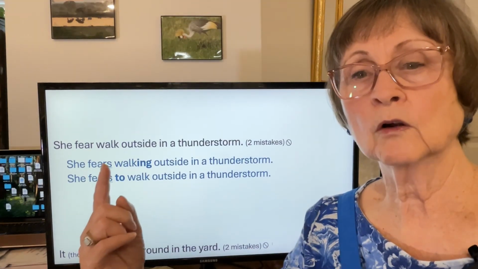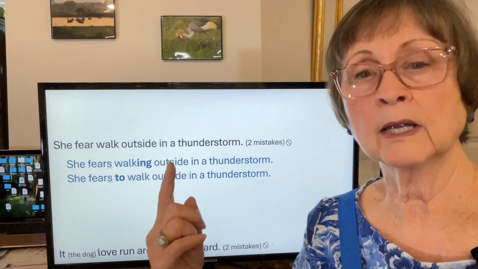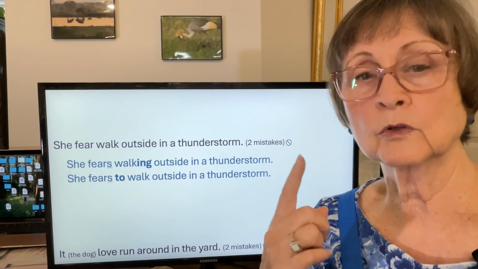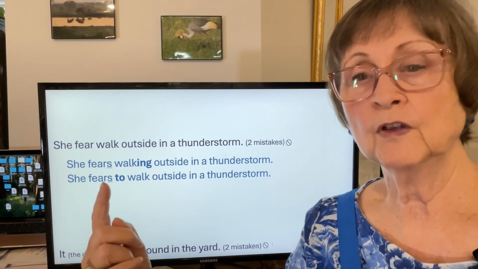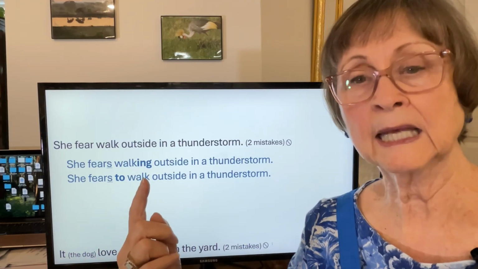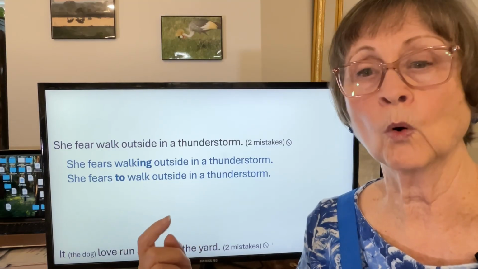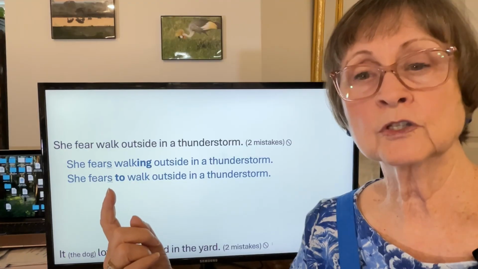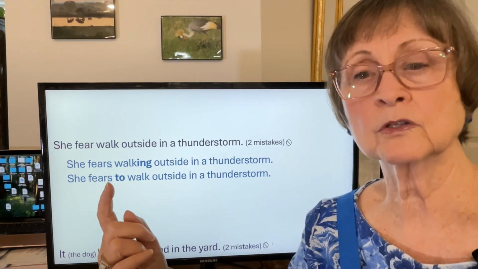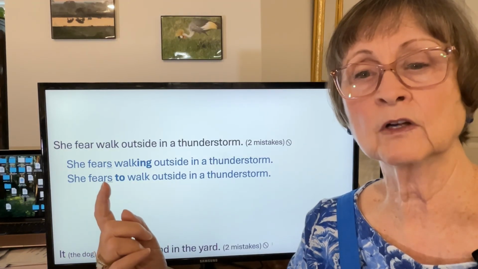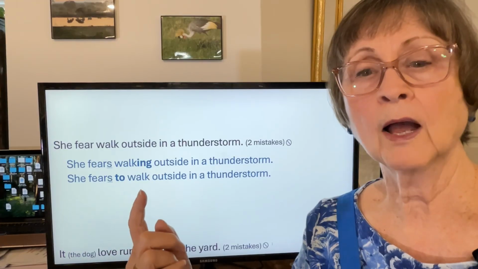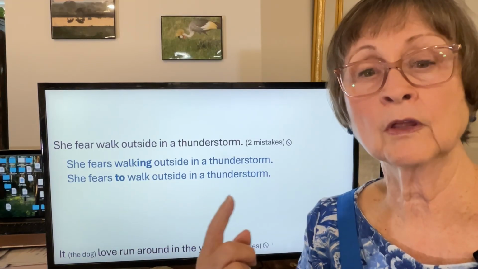She fear walk outside in a thunderstorm. There are two mistakes. She fears walking outside in a thunderstorm, or she fears, now this one vibrates, so this sounds like a Z, fears to walk outside in a thunderstorm.